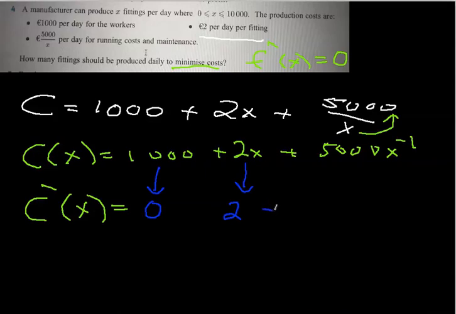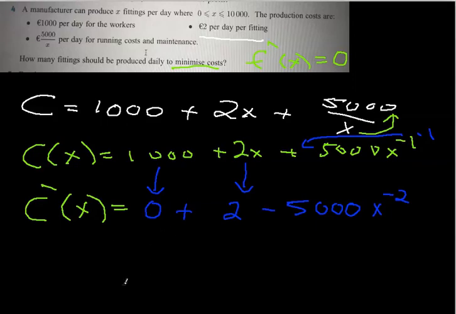And if you differentiate 5,000 x to the minus 1, you bring the minus 1 to the front to multiply by 5,000. So 5,000 times minus 1 is minus 5,000. And we have to subtract 1 off the exponent, so we have x to the minus 2. So this is our derivative function, okay?